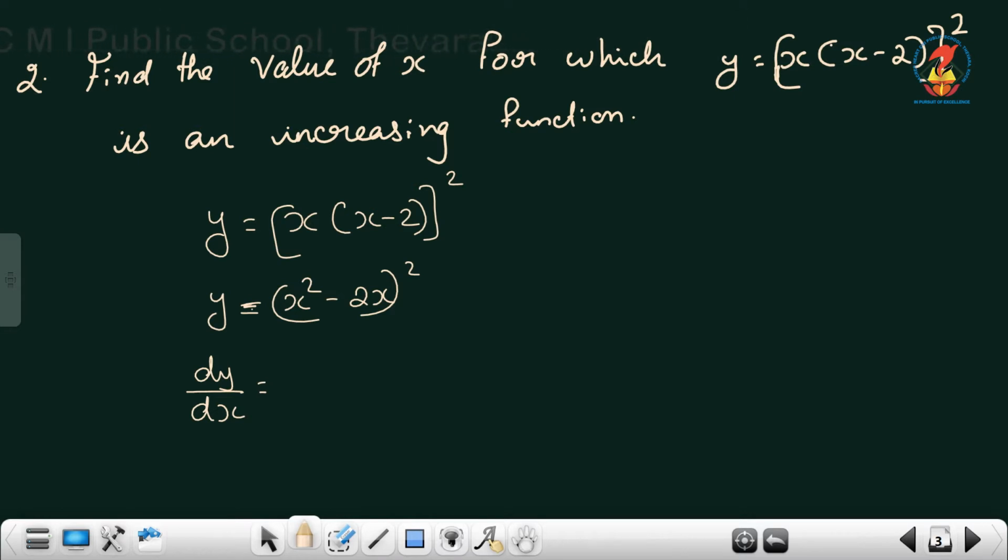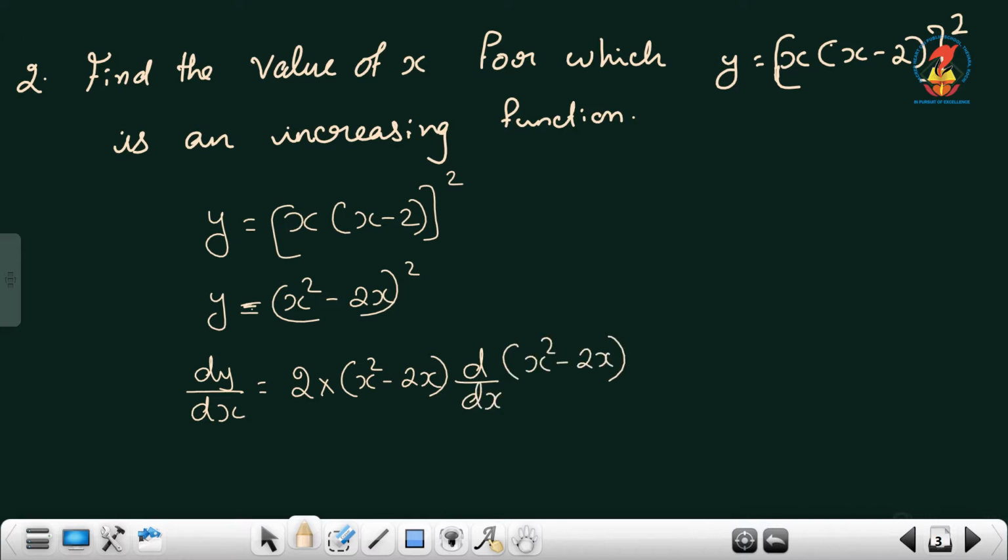A term square, its derivative is 2 times (x square minus 2x). Then, according to the chain rule, we have to find the derivative of the bracket x square minus 2x. So, that is equal to 2 into (x square minus 2x) into the derivative of x square minus 2x, that is 2x minus 2.